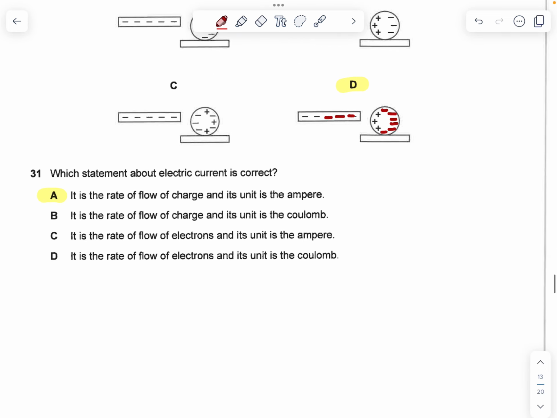Next, question 31. What statement about electric current is correct? Electric current, I. If I ask you for the SI unit, you must give me the word ampere, and then the symbol A. So it is the rate of flow of charge and the unit is ampere.